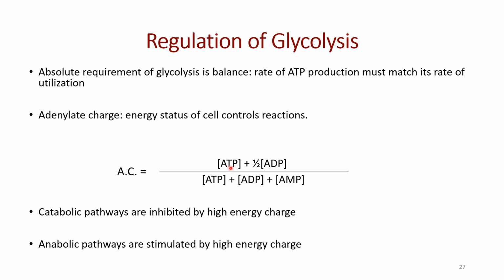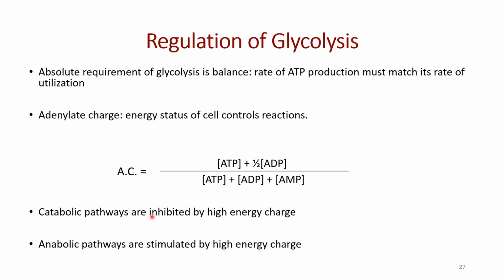Now you can imagine if your ATP level is very high, very big, you wouldn't expect to have a lot of ADP, you wouldn't expect to have a lot of AMP. You expect those to be small, and if you have one number over the other, it's going to be almost 1. But if your ATP levels are small, then you'd expect ADP and AMP to be big, and you have a small number divided by a big number, that's going to give you a value less than 1, so your adenylate charge is going to be quite a bit lower than 1.